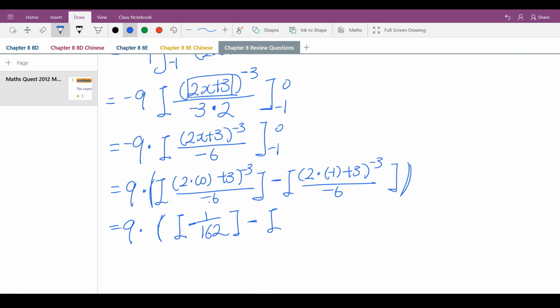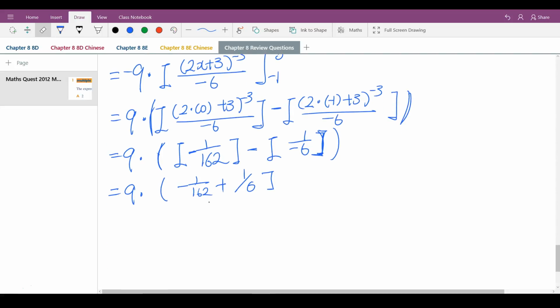So this is 1 over negative 6. So it's negative 1 over 162 minus negative 1 over 6. So that's just negative 1 over 162 plus 1 over 6. Negative becomes positive.